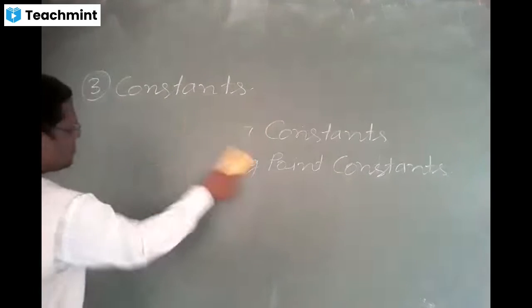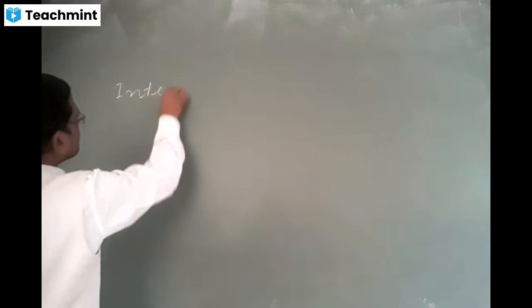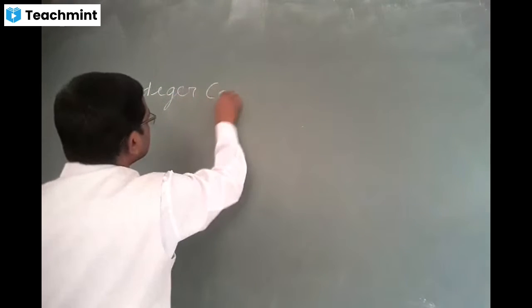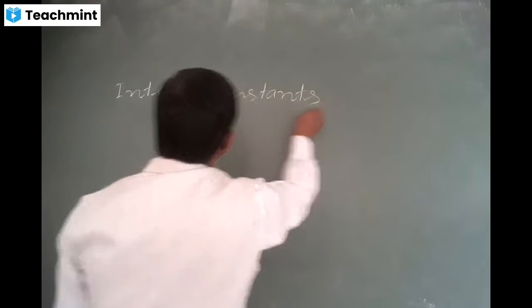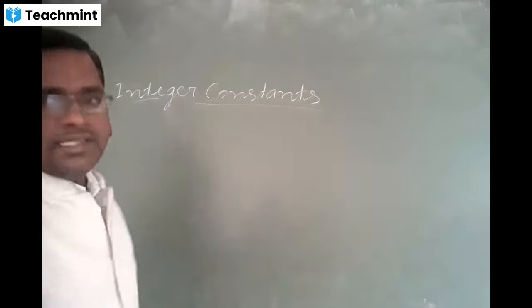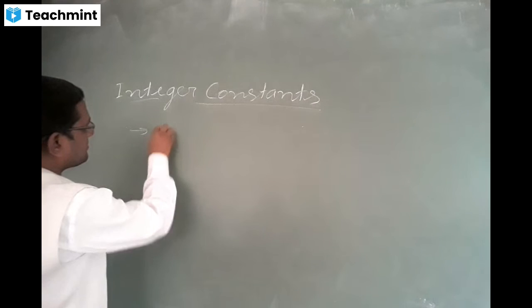I think we already know about the whole number. The first kind of constant is the integer constant.